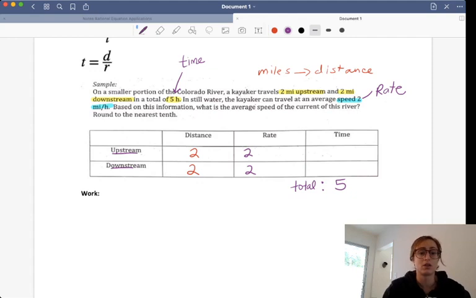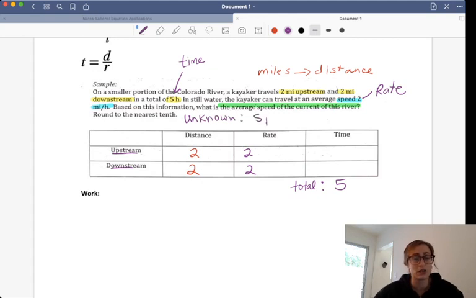Okay, so I'm going to pause there for a second. Let's just read the rest of the problem. The actual question is, what is the average speed of the current of this river? So that is my unknown. What is the speed of the current?